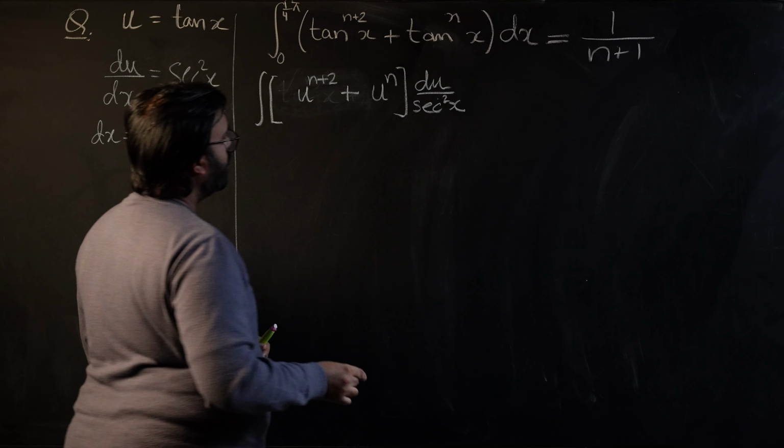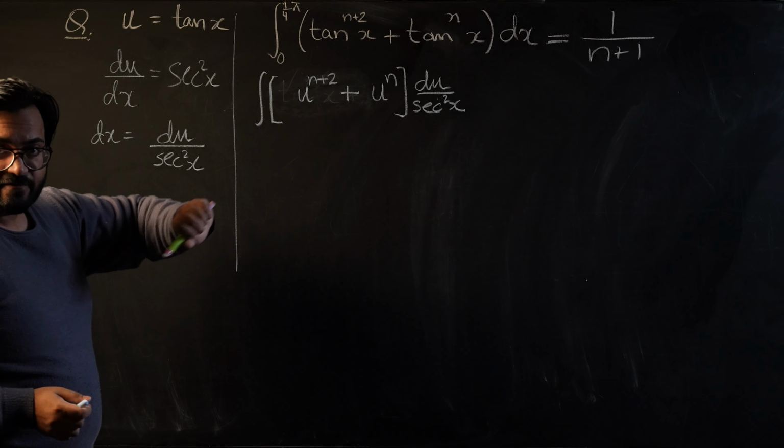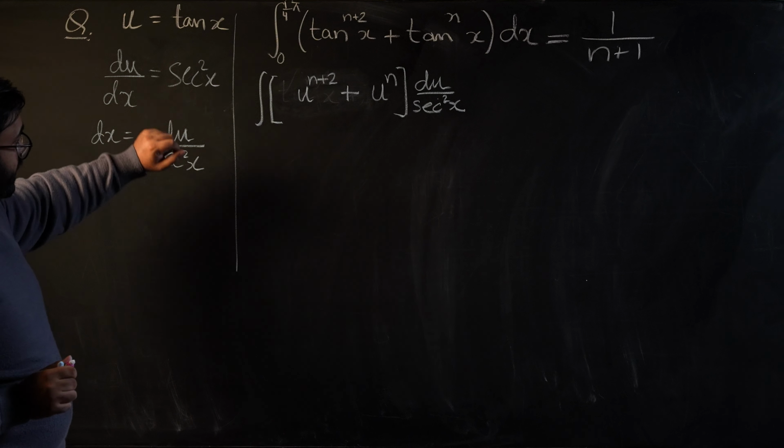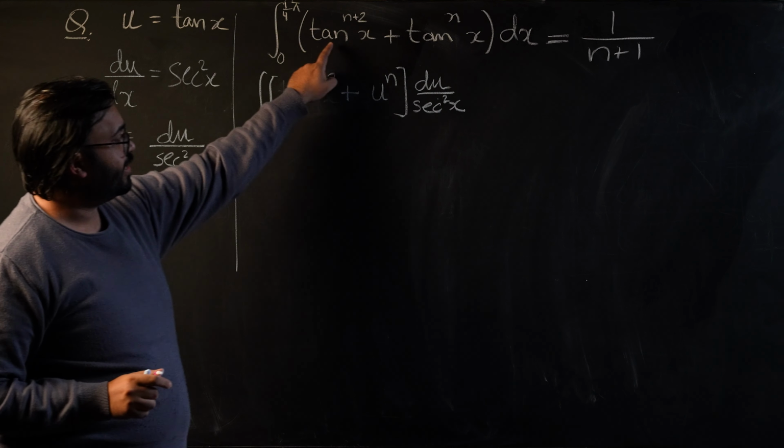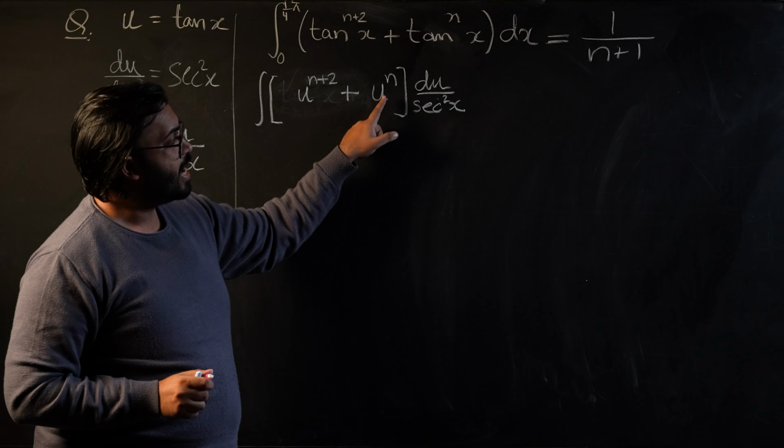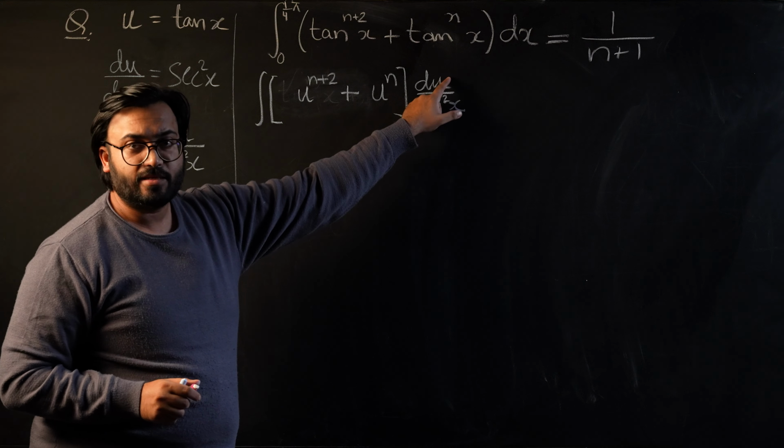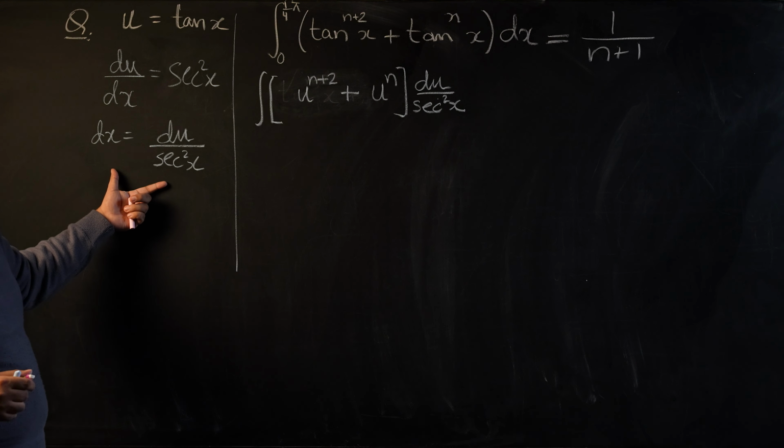So what I have done till this part is that I have substituted tan x with u at both places, and for dx I have made a substitution of du over secant square x.